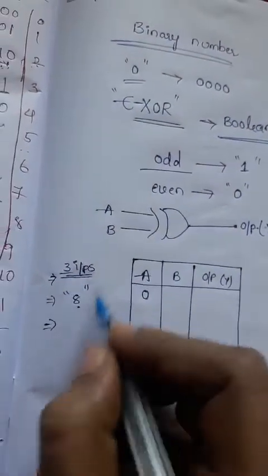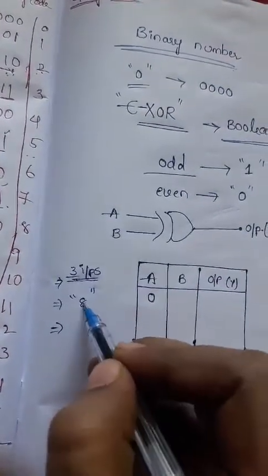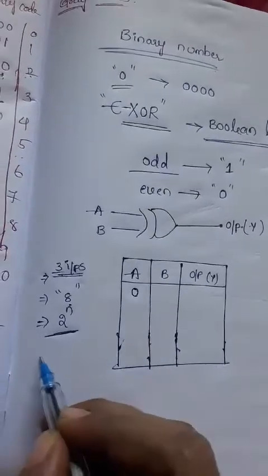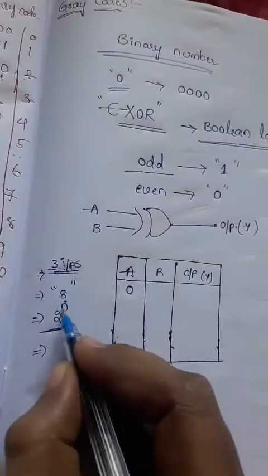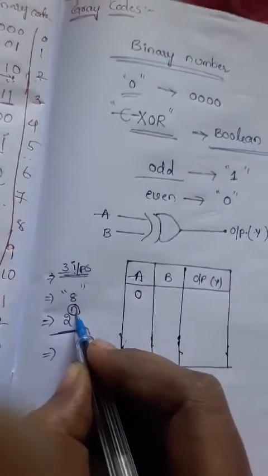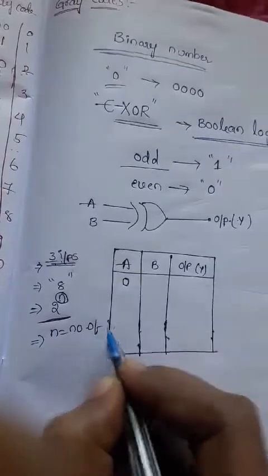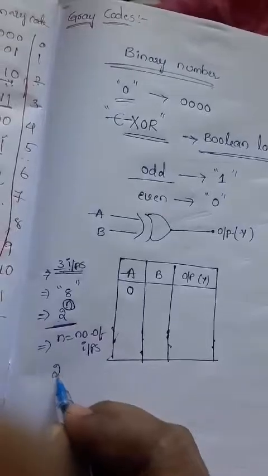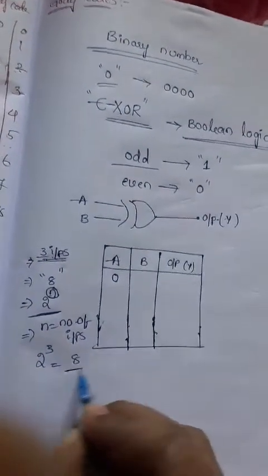We get the combinations by using the 2 power n formula, where n is the number of inputs. So with 3 inputs, 2 cubed gives a total of 8 combinations.